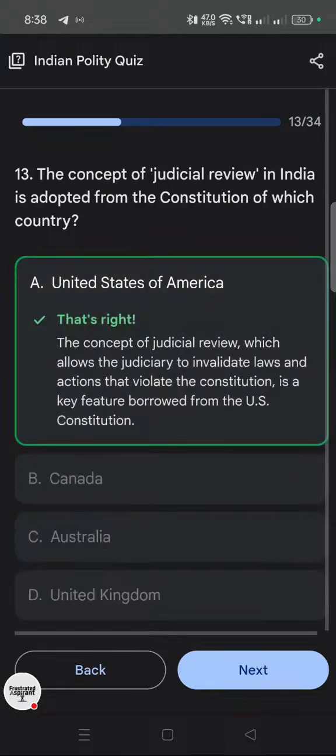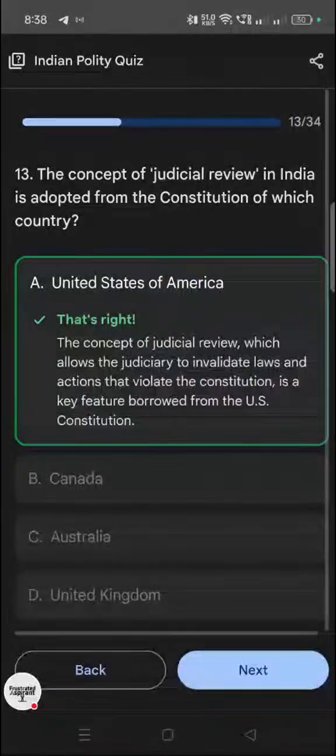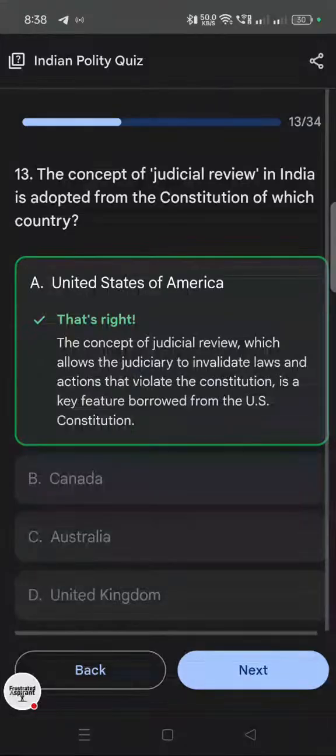It was adopted from the USA. The concept of judicial review, which allows the judiciary to invalidate laws and actions that violate the constitution, is a key feature borrowed from the US constitution.